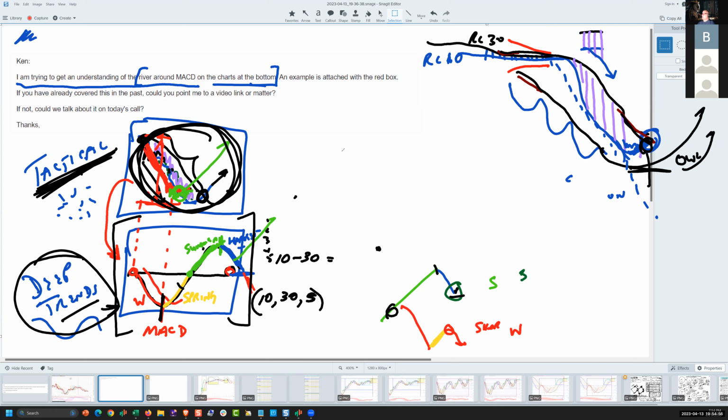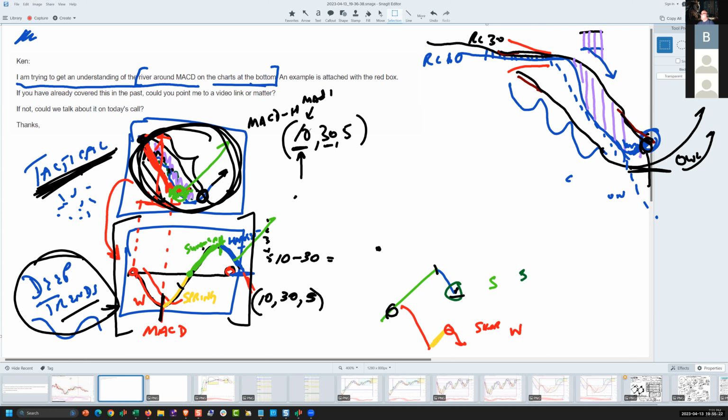No, I have just a quick follow-up on this 10, 30, and 5 that you have written right below. The 10, 30, and 5. Okay, so just to be completely clear about it, all three numbers are on RL10. The first is a 10-day. This is moving average number 1 on RL10.